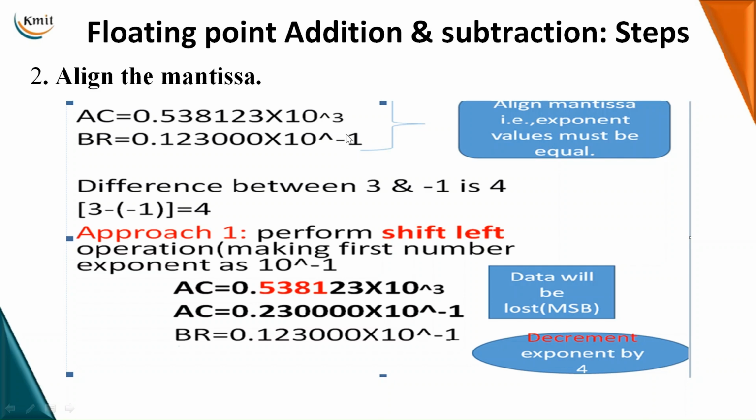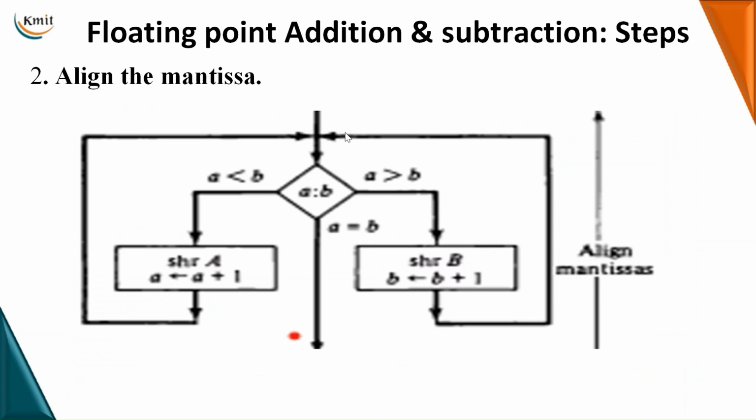In which way you have to align the mantissa depends upon your flowchart. Here is the flowchart for aligning the mantissa part of your data. The exponent of the AC register is represented by small a, whereas the exponent of the BR register is represented by small b. We first check the values of a and b, whether a is less than b or a is greater than b.